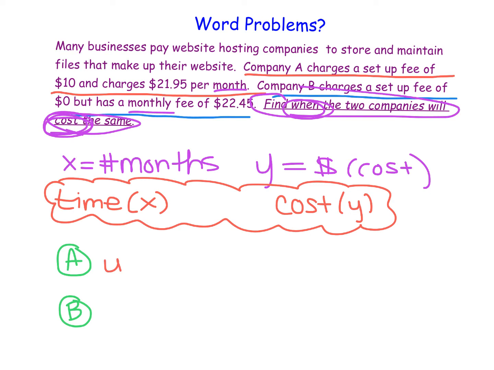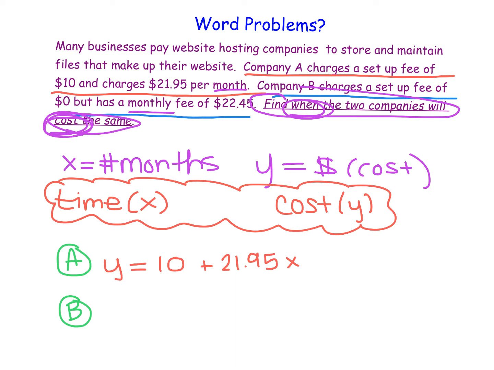So their cost, which is y, is calculated by taking a one-time $10 fee plus $21.95 per month, which we can represent by $21.95x. Notice 21.95 times x, that's $21.95 per month being multiplied out, and then a $10 one-time setup fee that they have to pay up front.